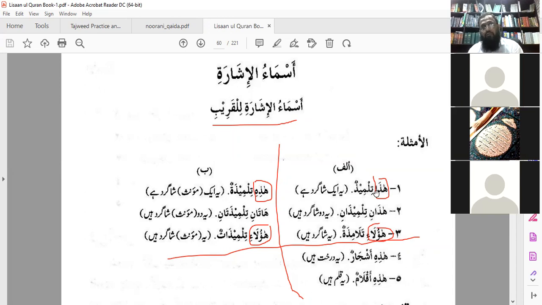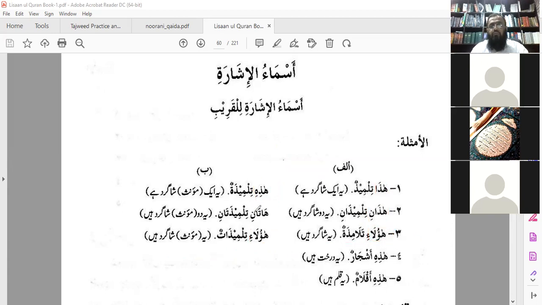But when it comes to Hadani and Hatani, you know very well that they demonstrate Muthanna. So this Hadani is in the condition of Rafa, and you know this can be converted into Nasab and Jar, like Hataini.